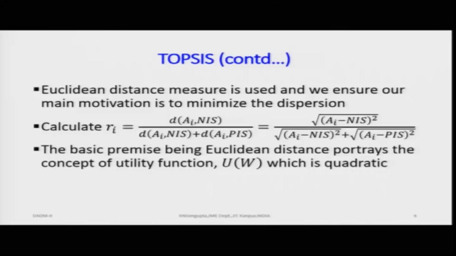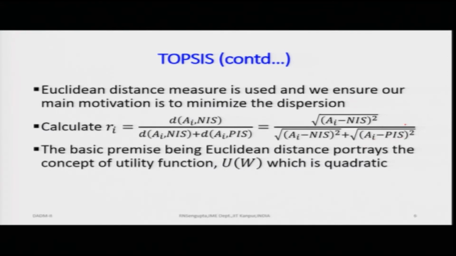So, we will calculate the index values Ri. So, Ri would basically be the ratio of the distance function of NIS with respect to the distance function of NIS plus PIS. So, if I basically calculate the values of Ri, I am using the general formula, it will be the square root of (Ai minus Ni) square over the square root of (Ai minus Ni) square plus (Ai minus Pi) square.